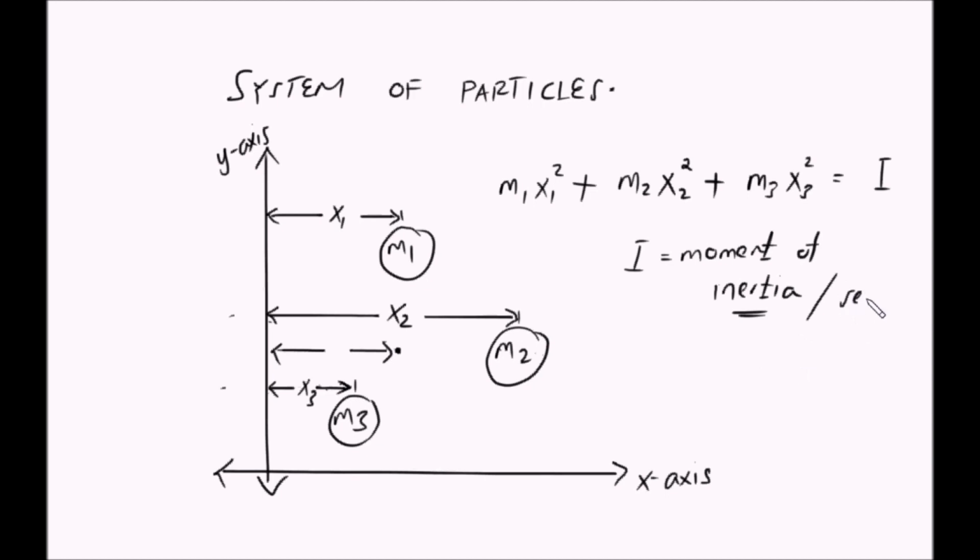So I is also called the second moment. So remember in that tutorial called the center of mass, we learned about M. So M was the first moment, but I is the second moment.